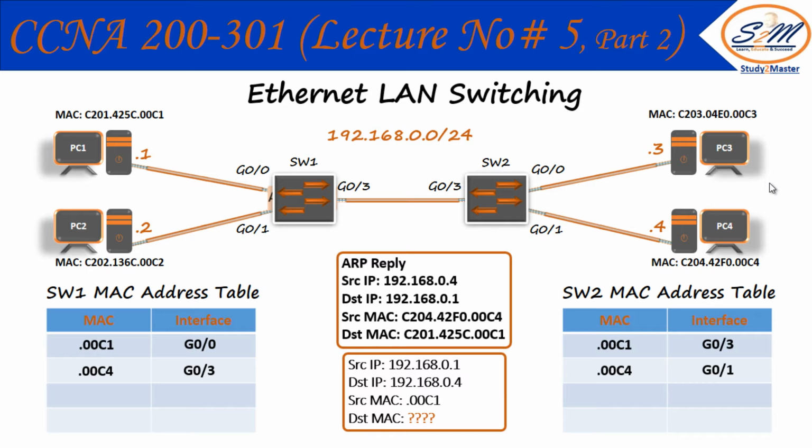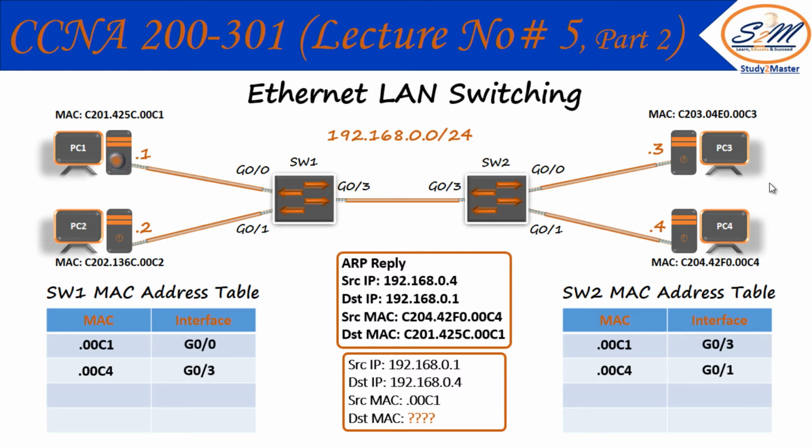Now switch 1 receives an ARP reply on port Gig 0/3 from the MAC address 00C4, which is associated with PC4. Now switch 1 sends it to PC1 because switch 1 already learned the MAC address of PC1 in its MAC table.